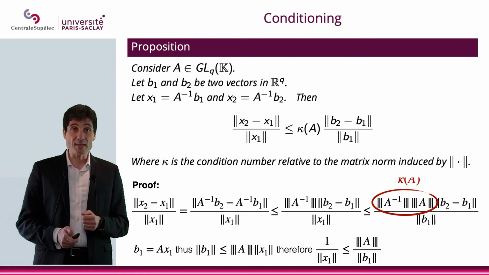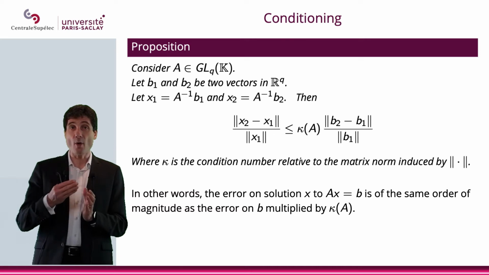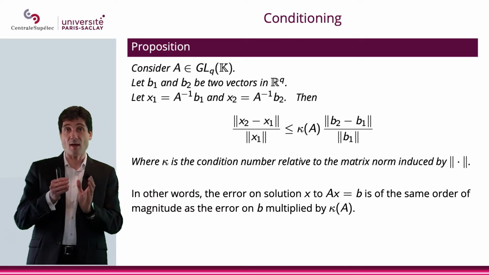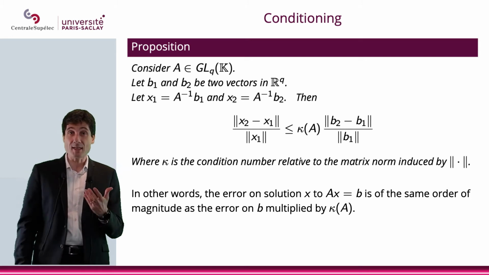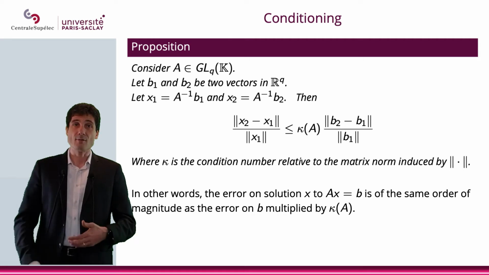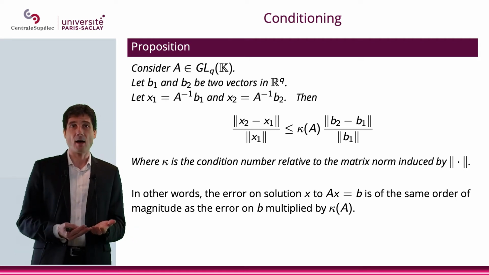All right, so what it means is that if you look at the way an error on the right-hand side b will impact an error on the solution, well, basically the error will be multiplied by the condition number. So if the condition number is large, you're going to amplify your error a lot.